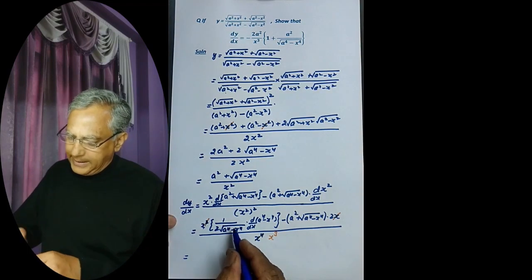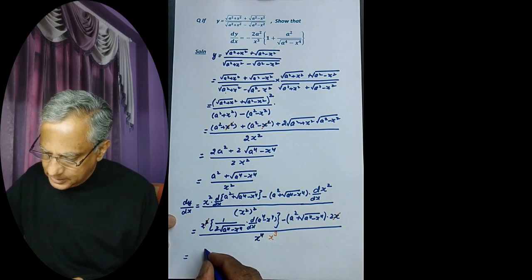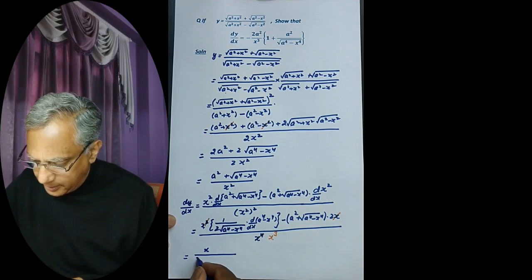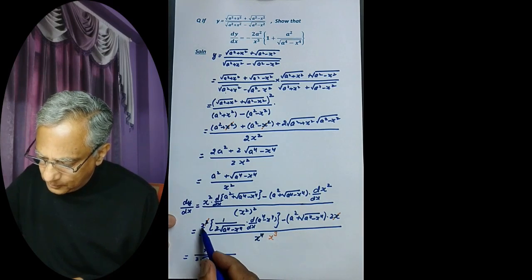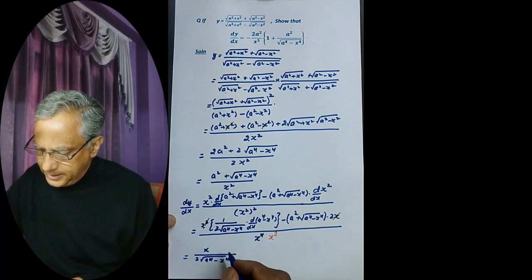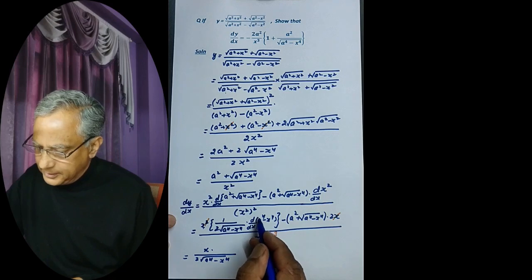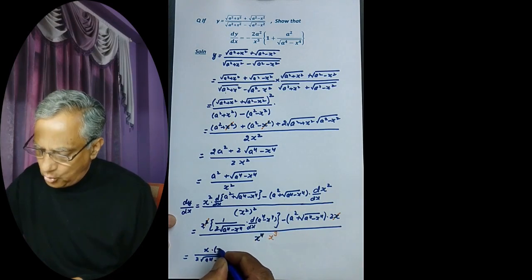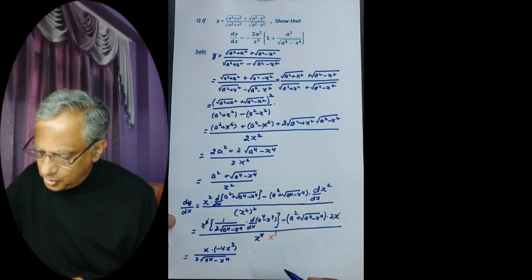So what we get is x into this. So x into this, this will be x divided by 2 under root a^4 - x^4, x into this into d by dx of this. Differential of a^4 is 0 and differential of minus x^4 will be minus 4x³.